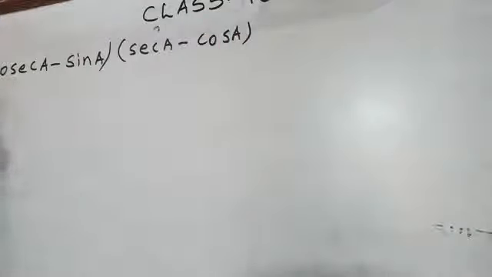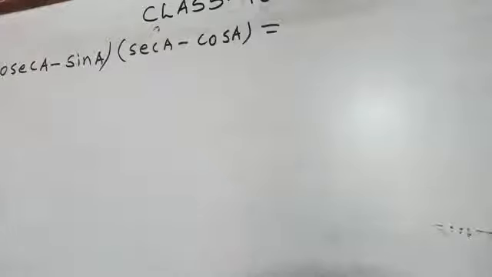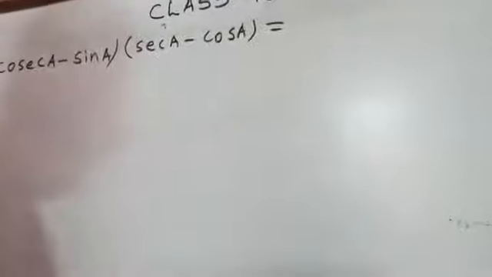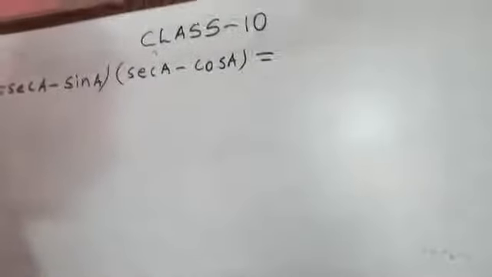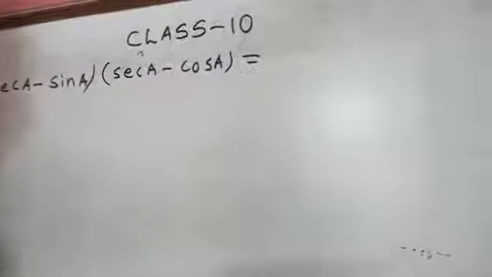So I am taking the LHS part here, and the RHS part is 1 upon tan A plus cot A.